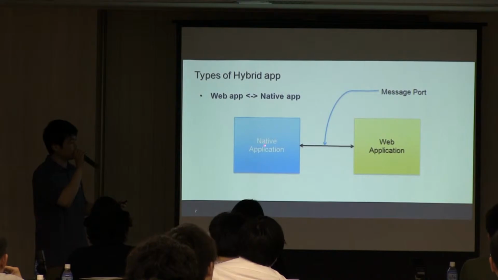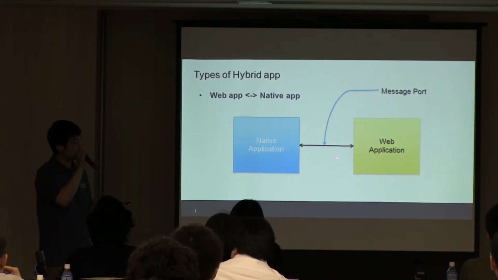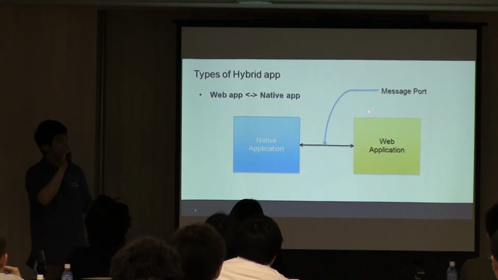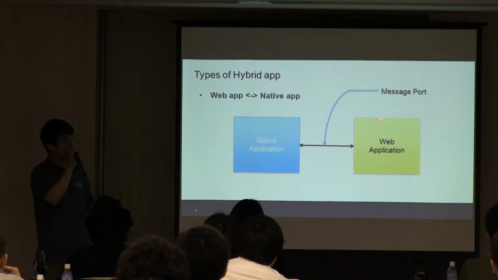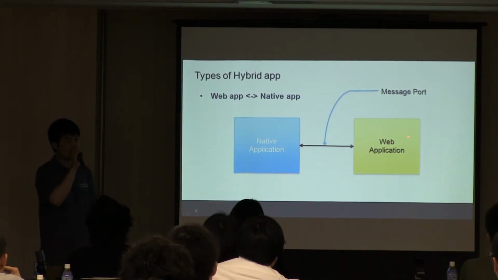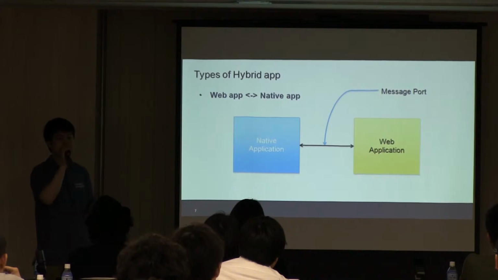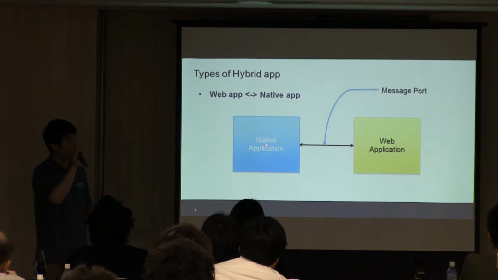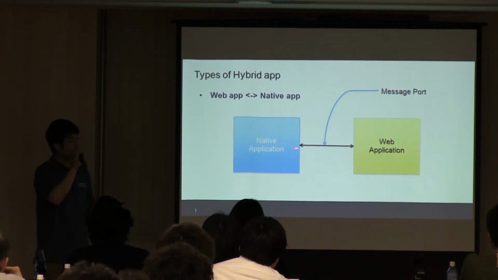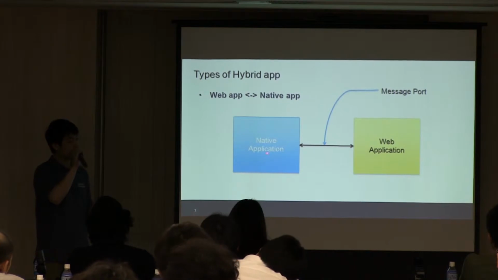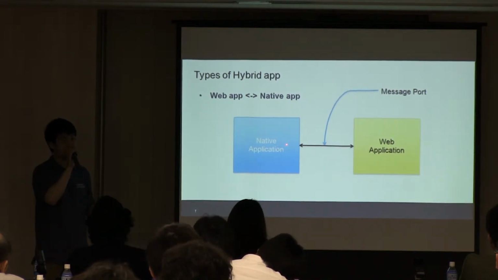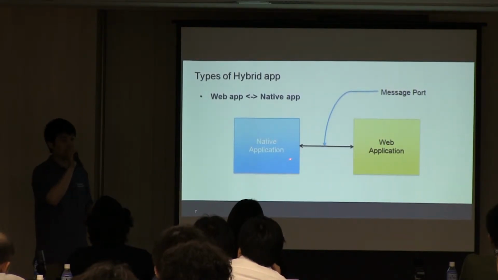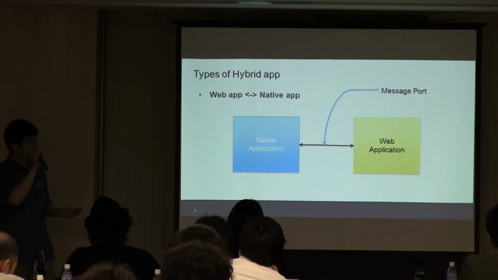This is a native application, this is a web application, and they can interact through a message port. This is an API provided to your web application from Tizen as a device API. Also, the native application has the same message port API so they can be connected to each other. So you can send a string, text or some JSON data to the web application. Also, the web application can send data to the native application.